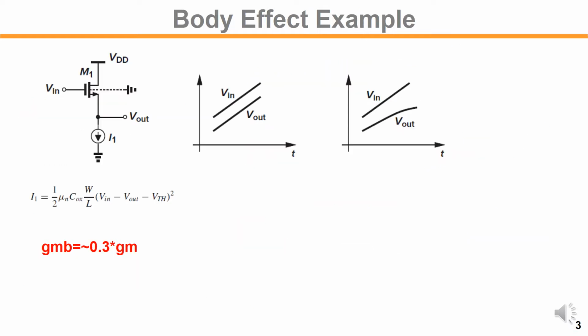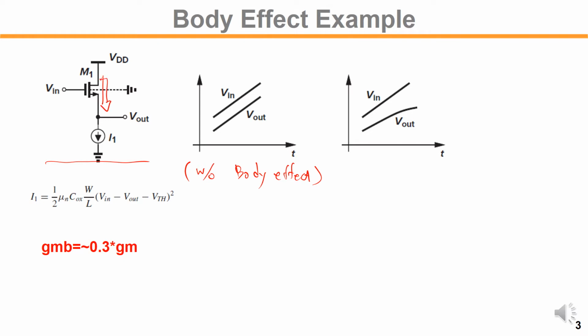Let's take a look at the actual impact on the circuit behavior. For example, without a body effect, in the source follower shown on the left, we have a fixed current I1 through this device.